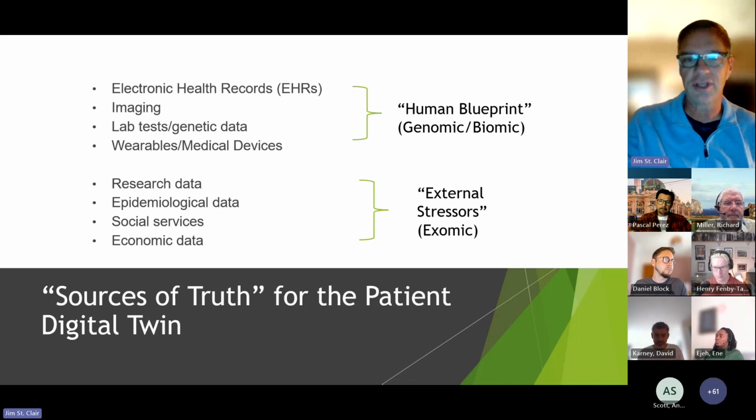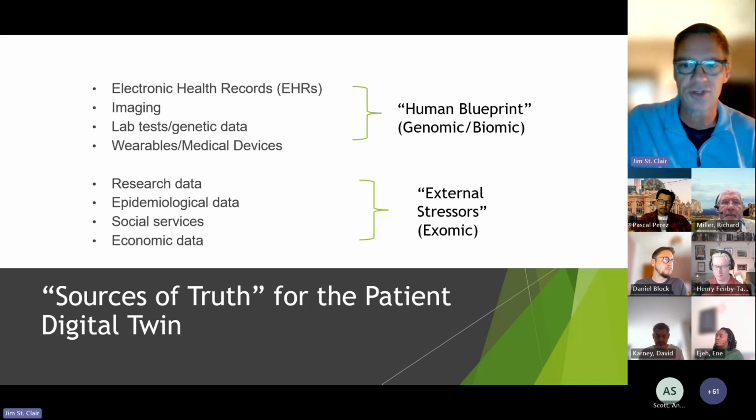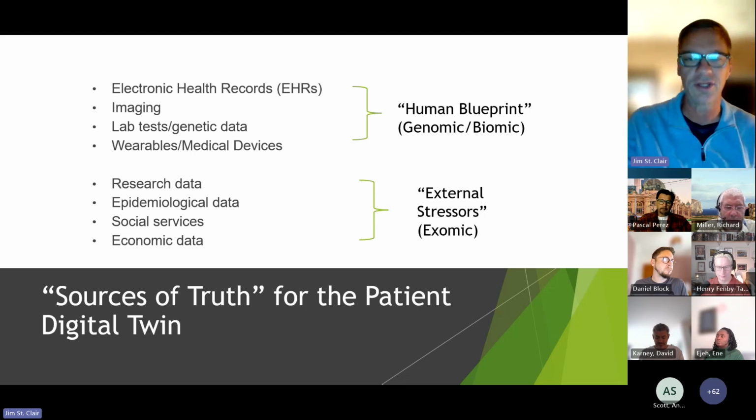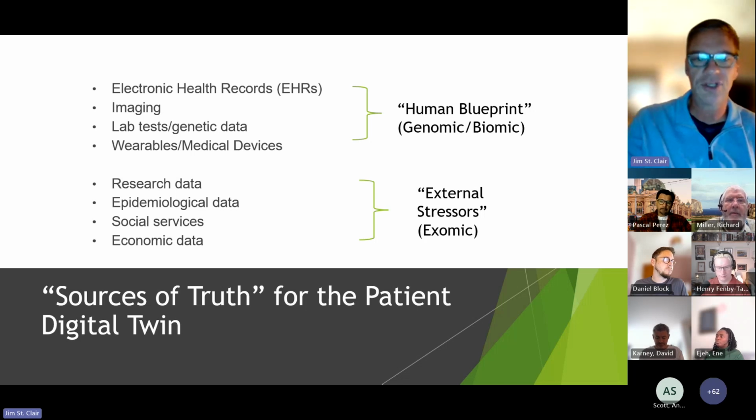And mentioning those different data sources, here are some of the common data sources, things that include information that we consider the human blueprint, something like the EHR, or in the NHS, it's known as the EPR, imaging data, lab tests, wearable medical devices.